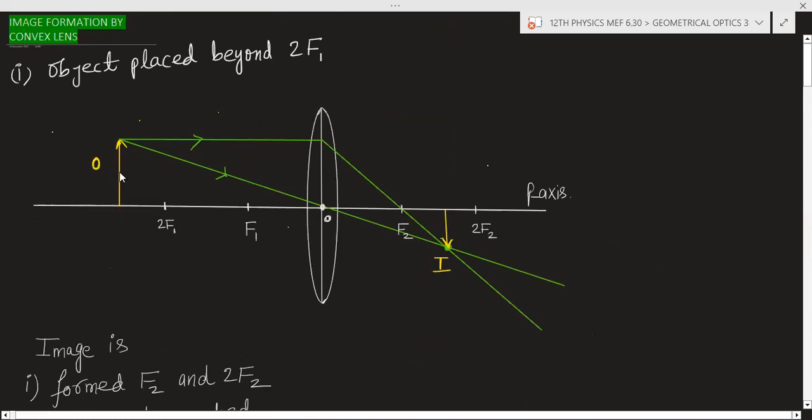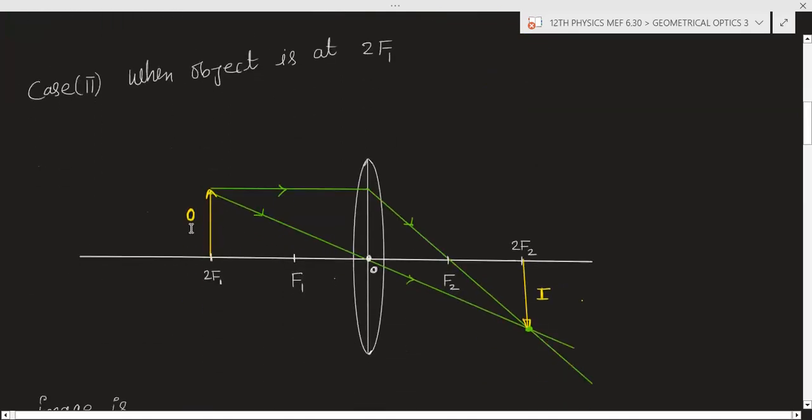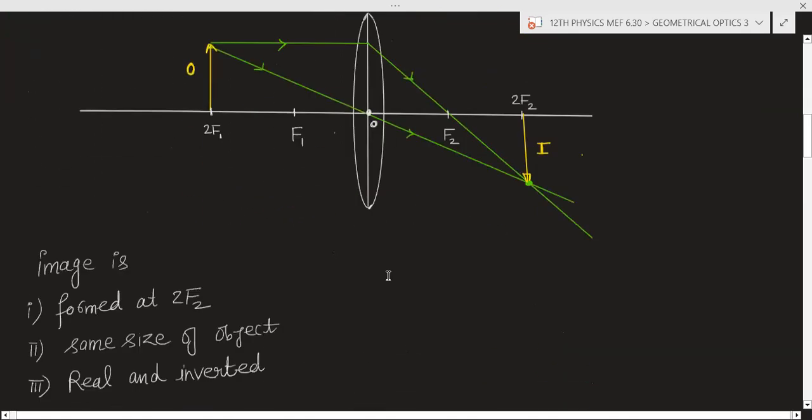So you can see here, if you are shifting the object towards the lens, the image is also shifting, and this image is inverted also.